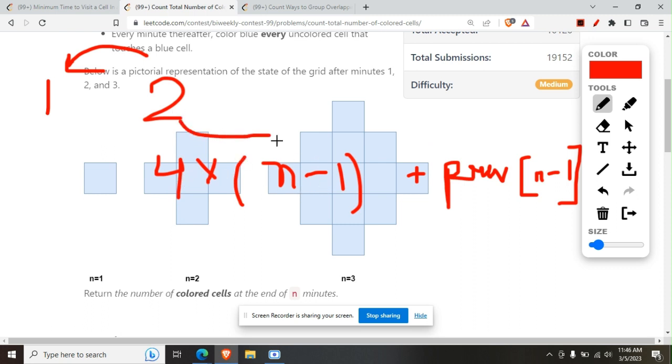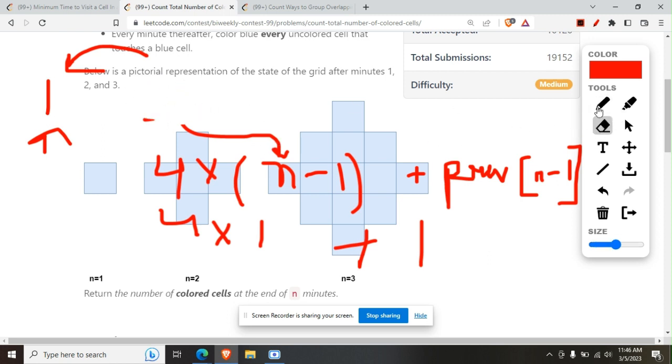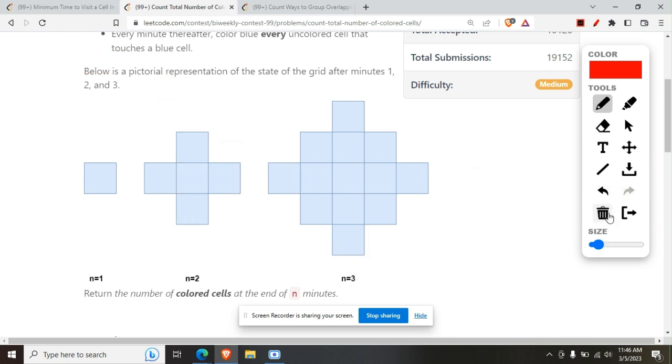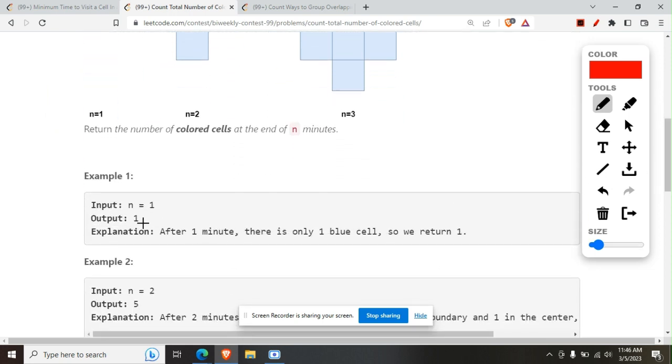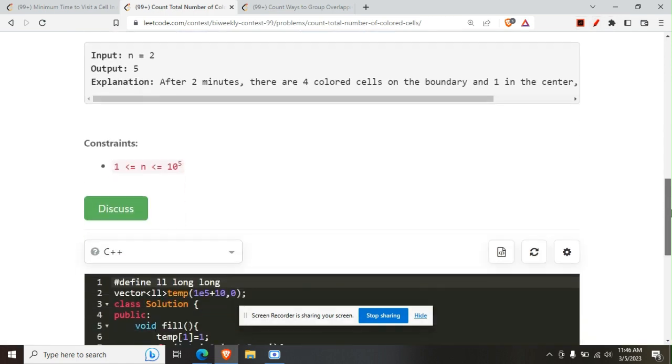Right now n is 2, so 4 into 2 minus 1 is 4 into 1, and previous of n minus 1, previous of 1, is 1. So 4 into 1 plus 1 is 5. So we got the value of this as 5. Now this thing continues and we just build it, and every time we are given a value of n, we just return that value. So this is the whole code pretty much.